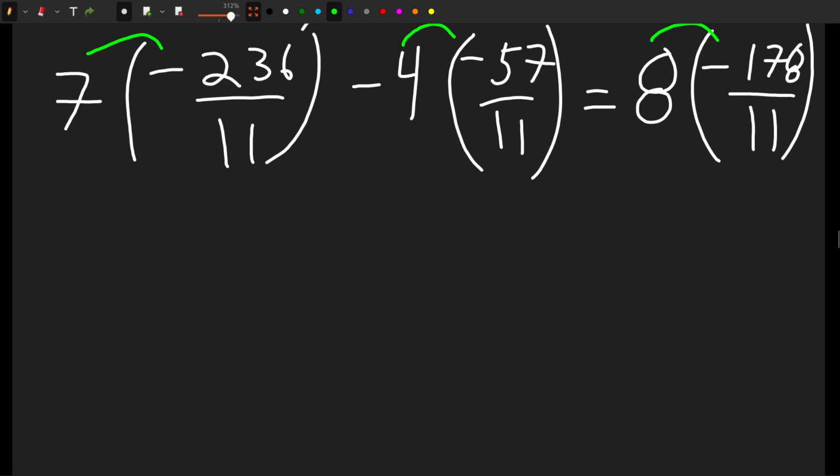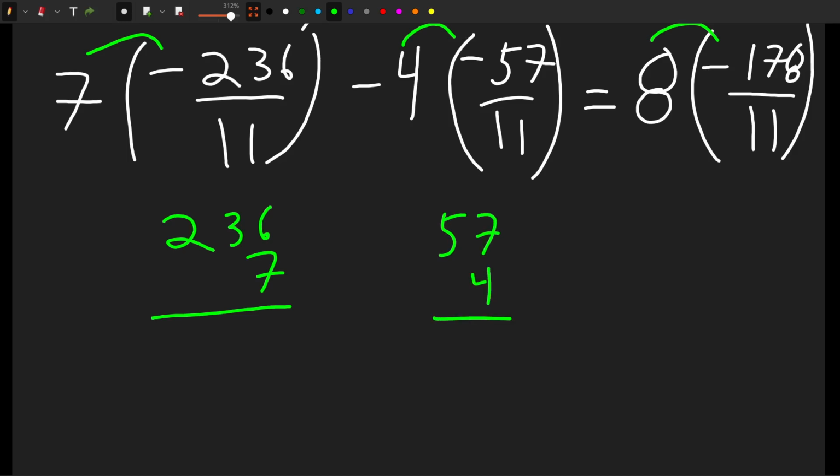I'm going to do a little bit of paper math here. I'm going to have 236 times 7 and 57 times 4, and I'm just going to have to keep in mind the signs at the end. I don't want to use a calculator, I just want to do it by hand.